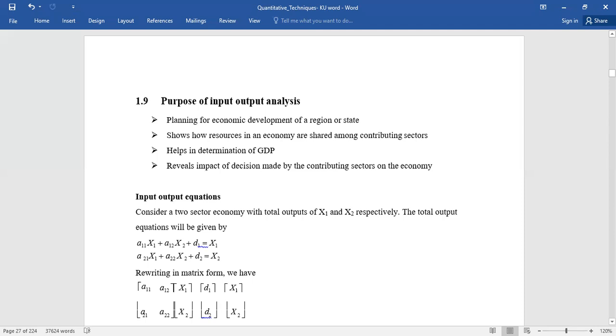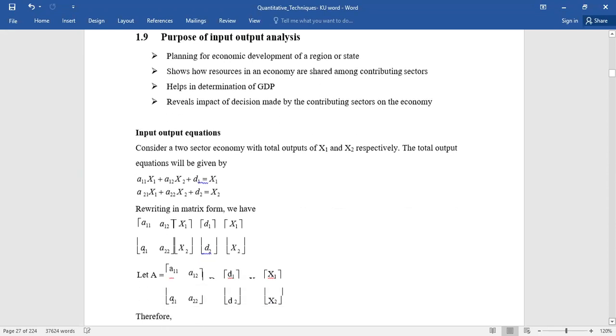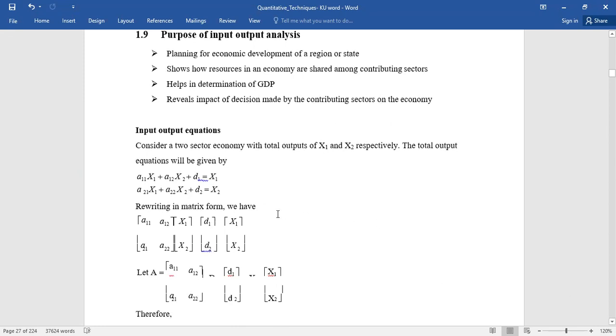So I'll just give a case. If we were to consider, for example, two sectors of the economy that are interdependent of each other, and let's say the total output is expressed in these two equations. So I have equation 1 and equation 2, resulting in x1 and x2. If we rewrite these equations the way we've been doing as a matrix, we are going to have this matrix.